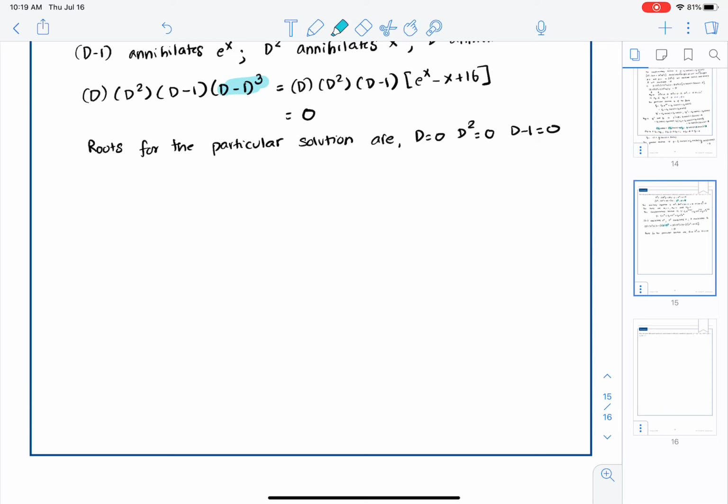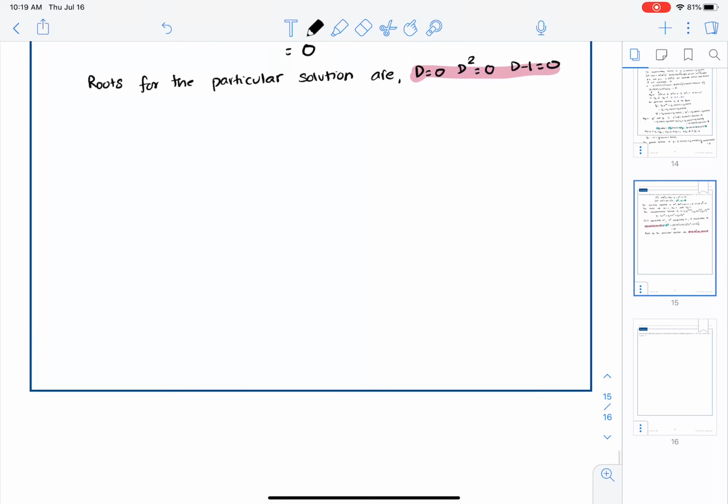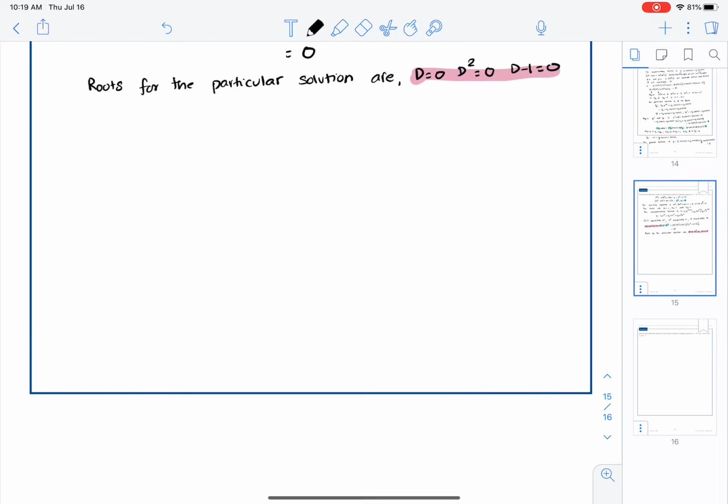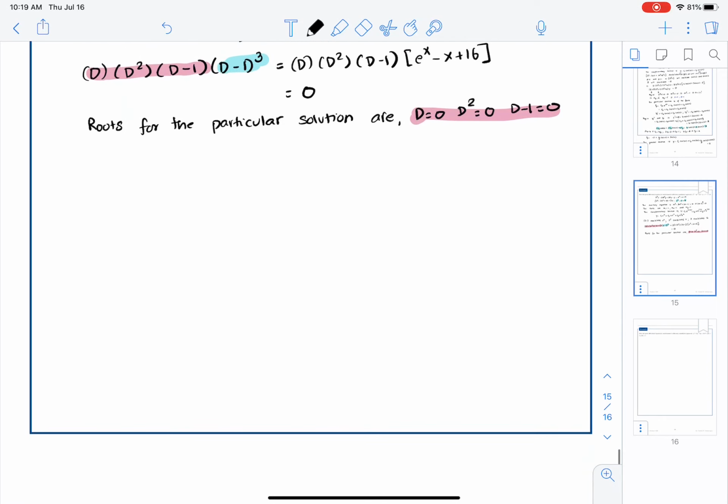So I'm taking those three to get those. And that would mean m4 is 0, m5 is 0, m6 is 0, m7 is 1.